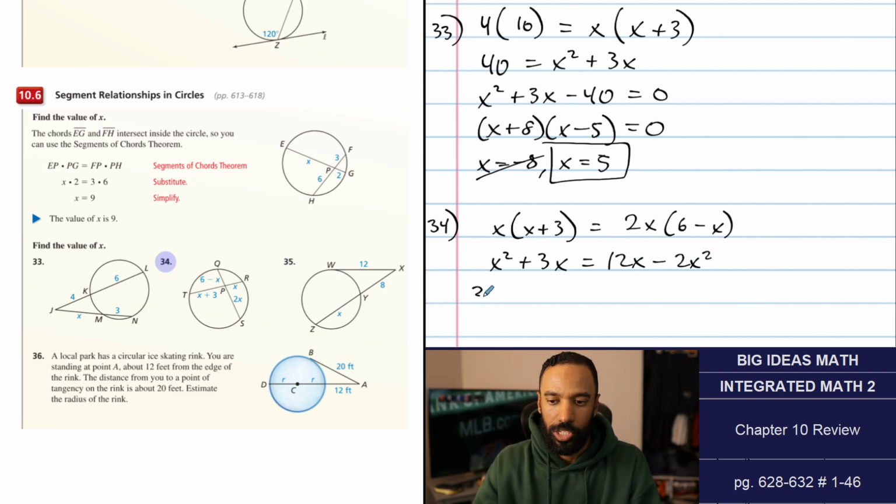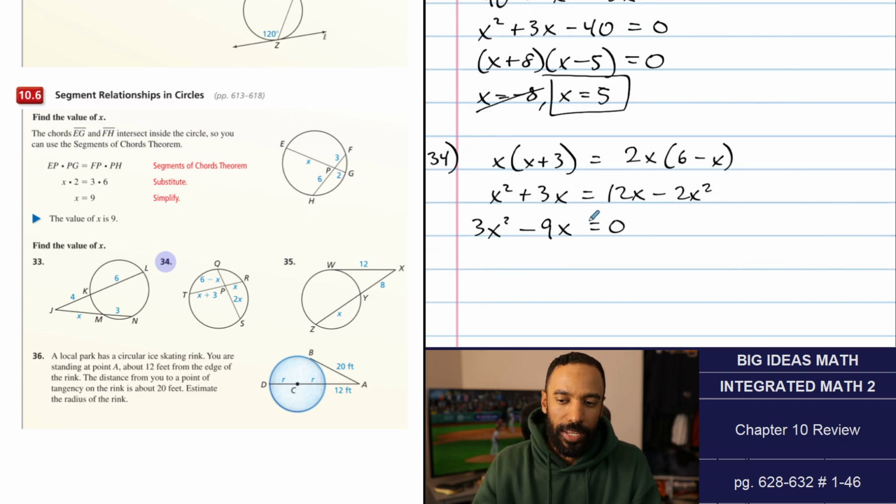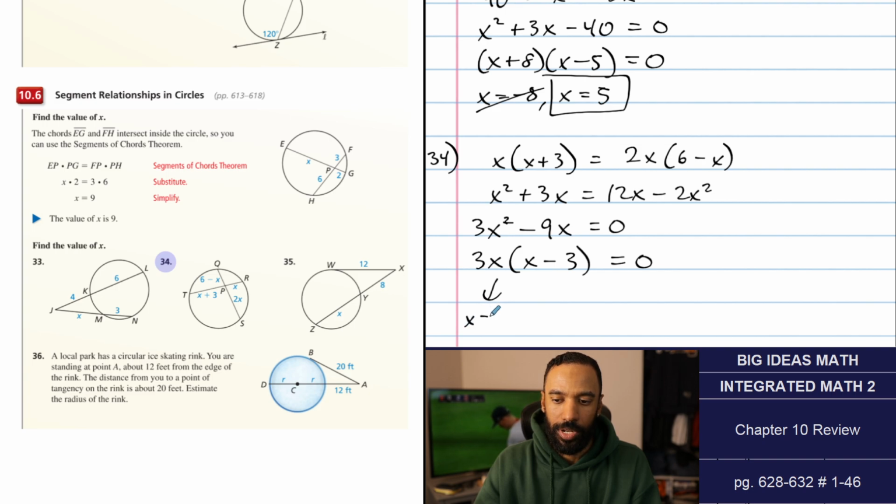So if I add 2x squared over, I get 3x squared. Subtract 12x over, I get negative 9x equals 0. This one has a common factor, not just of 3, but also x, which is very great for my zero product property, a little bit easier to work off of. So either 3x equals 0, therefore x equals 0, or x minus 3 equals 0, therefore x equals 3.